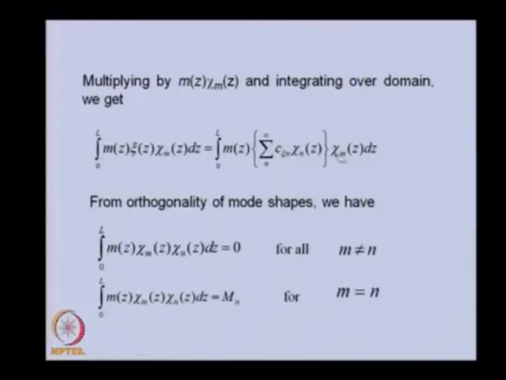Whenever these two functions have the same subscript, this particular term is some constant mn, which we call the generalized mass, and if they are not the same, then it will be 0. Using this property, this expression can be simplified.